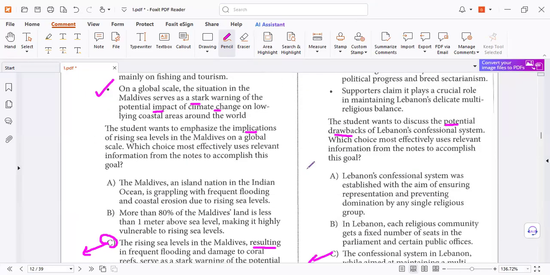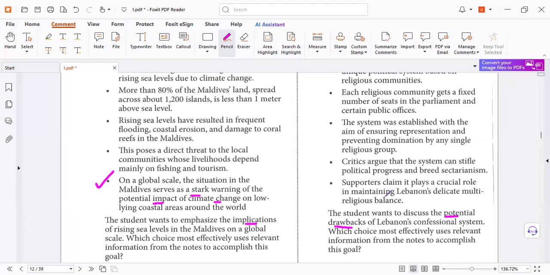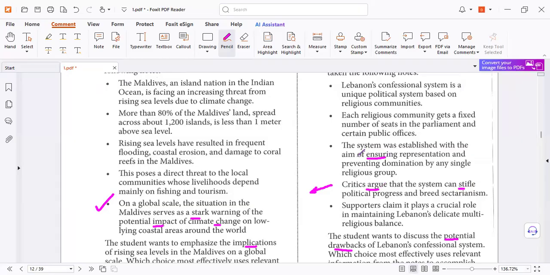Look, the confessional system of Lebanon, while aimed at maintaining a multi-religious balance, is criticized for potentially stifling political progress. Critics argue the system can stifle, so this is called drawbacks. This is advantages. Drawbacks means disadvantage. So your answer must contain this point because they argue.